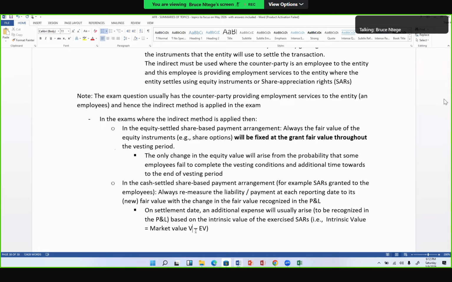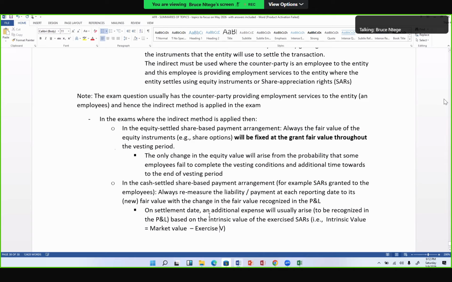The beauty is that the examiner will always give you the figure for the intrinsic value, so you don't have to do this mathematics. But in reality, intrinsic value is the mathematical difference between the exercise value and the market value of the exercised share appreciation rights. So that's going to bring about an additional expense on that debt.